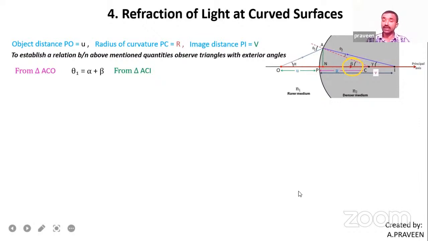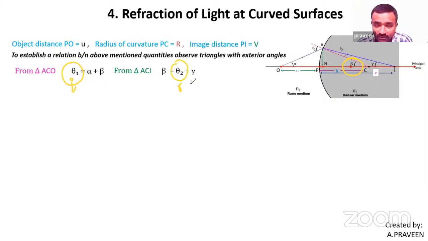So I can write beta is equal to theta 2 plus gamma. If you observe carefully in the relations, theta 1 is the angle of incidence, theta 2 is the angle of refraction. Let us find the angle of incidence and angle of refraction from the figure. So theta 1 is equal to alpha plus beta, and theta 2 is equal to beta minus gamma.